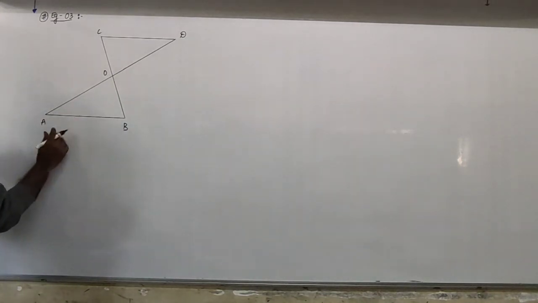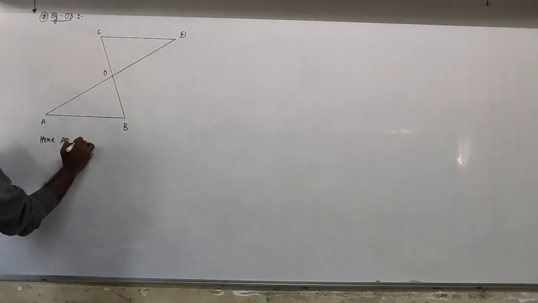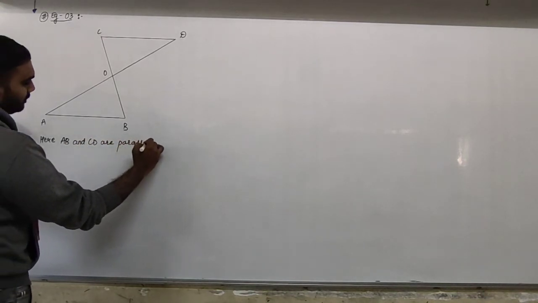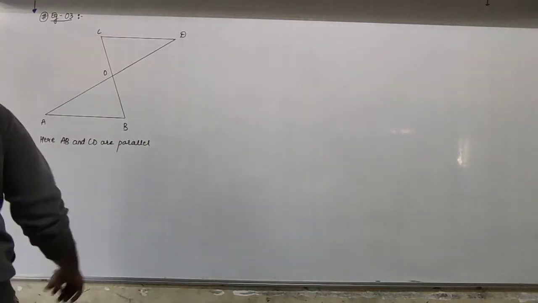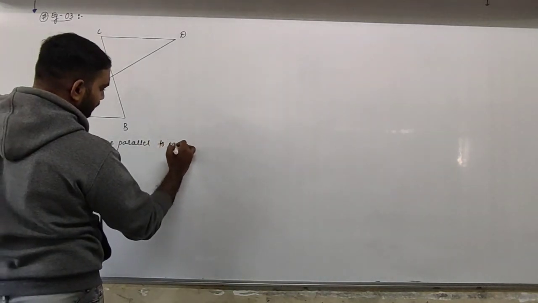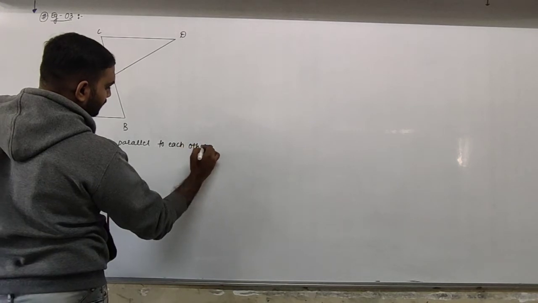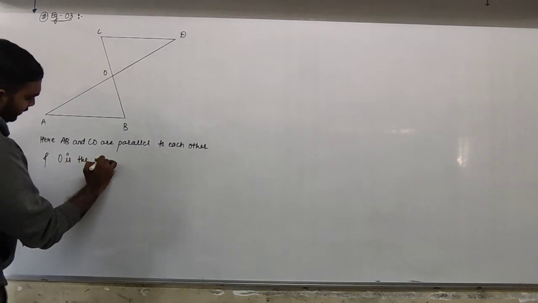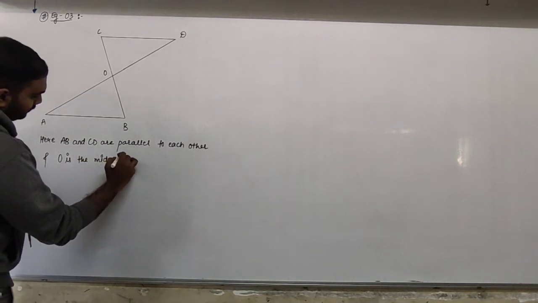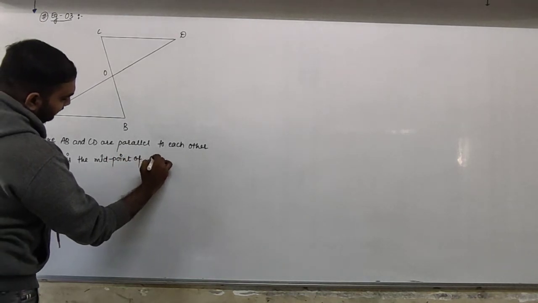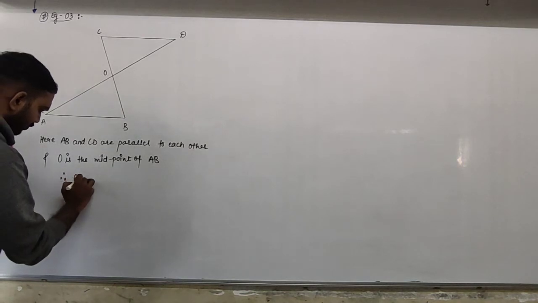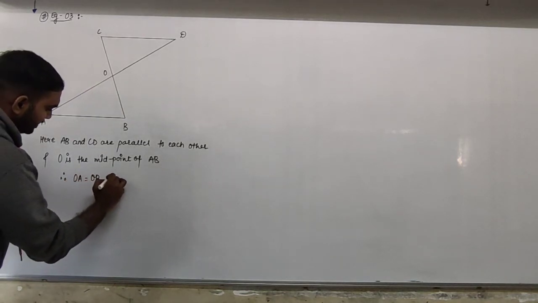AB and CD are parallel to each other, and O is the midpoint of AD, therefore OA is equal to OD.